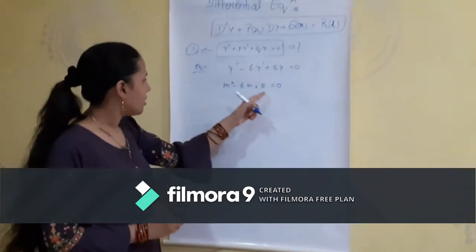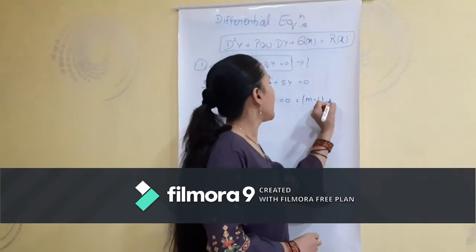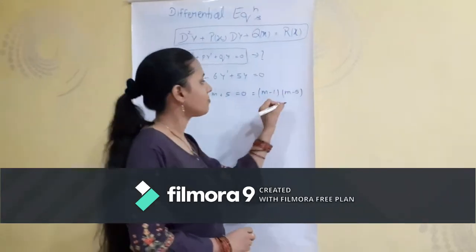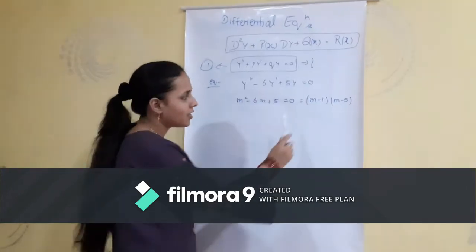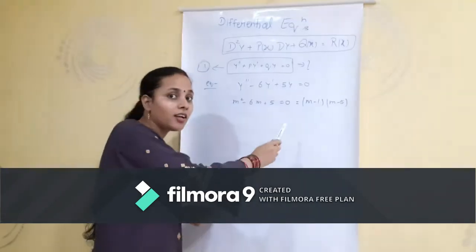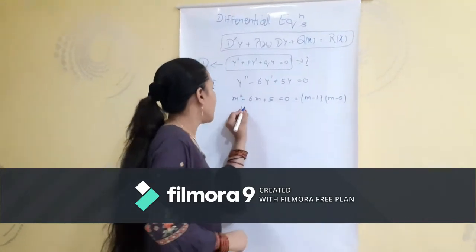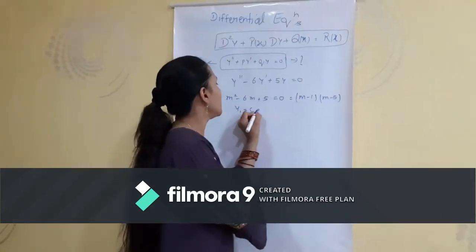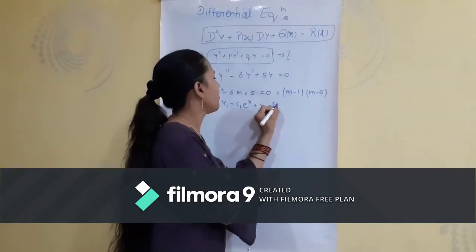Then this is nothing but (m minus 1)(m minus 5). That means m1 equals 1 and m2 equals 5. These are the two distinct real roots. So the solution of this differential equation will be written as y is equal to c1 e to the power x plus c2 e to the power 5x.